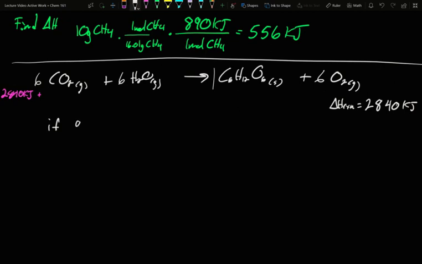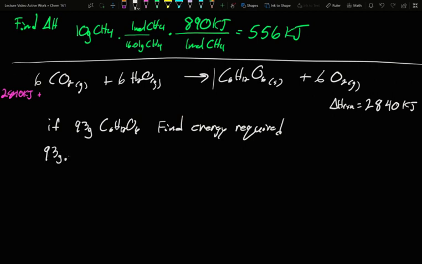If 93 grams of sugar are produced, we can find the energy required. The same way we could find CO2 required, or we could find dioxygen produced. We start with the mass of our chemical. I'll just call it sugar for short. It is 180 grams of sugar in 1 mole of sugar.